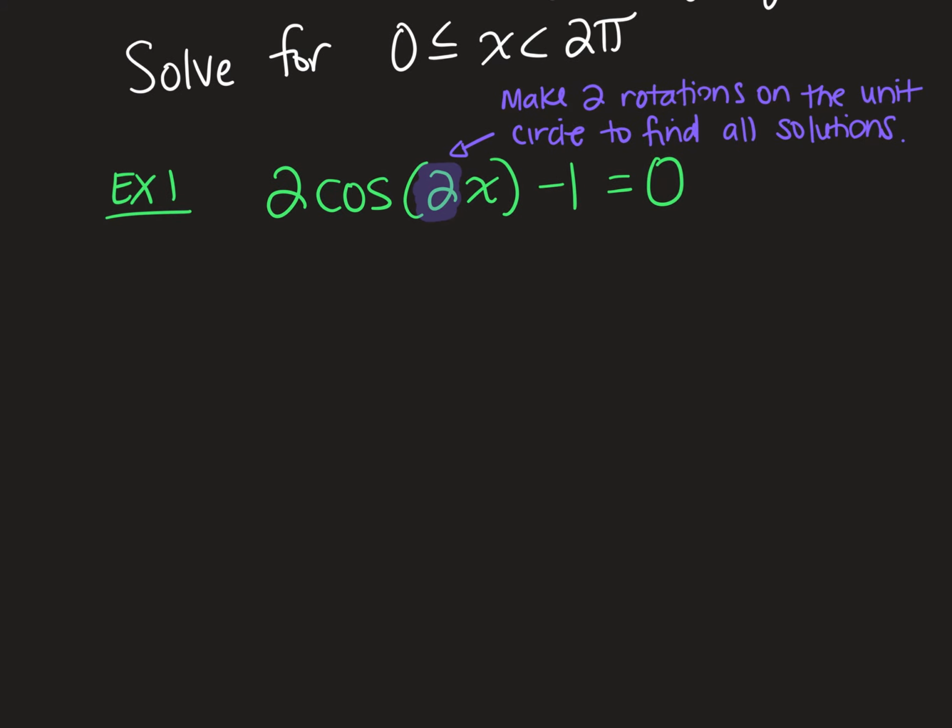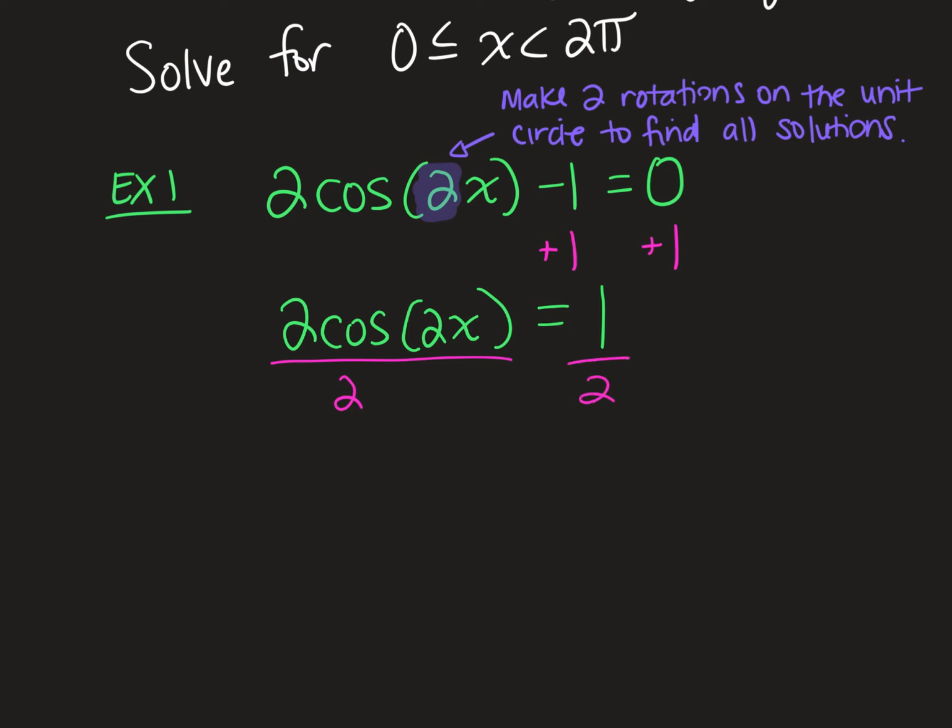Now, the first part of this is just solving like normal. So all I'm going to do, like I would normally, is add 1 to both sides. That's no different. Now our next step, we want to get cosine by itself. We're trying to get cosine of 2x by itself. So I'm going to divide by 2.